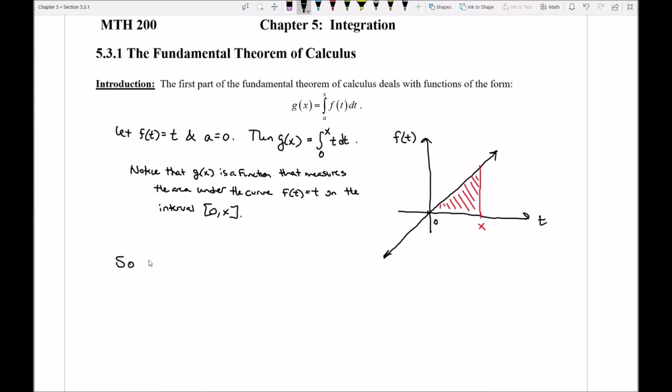So first I'll state this. I can see that g of x is really just meant to calculate the area of this particular triangle.